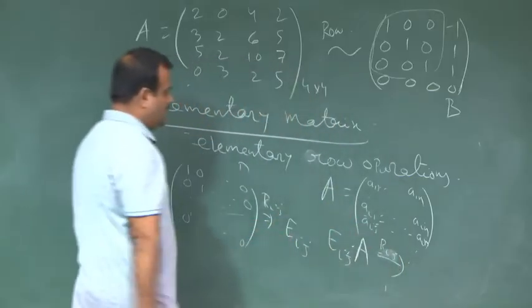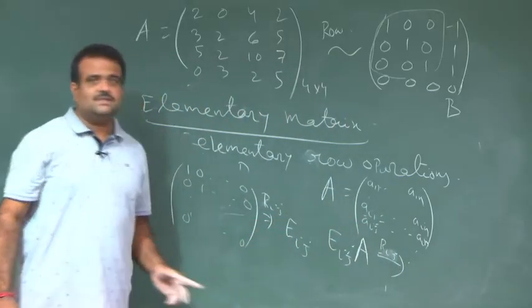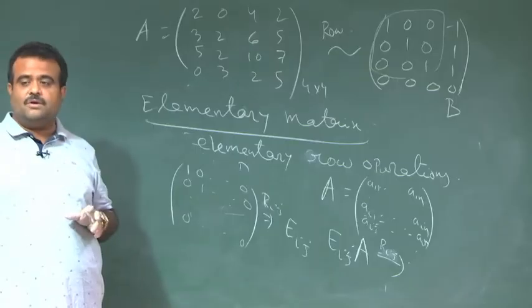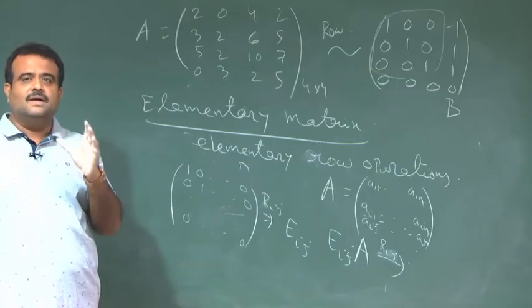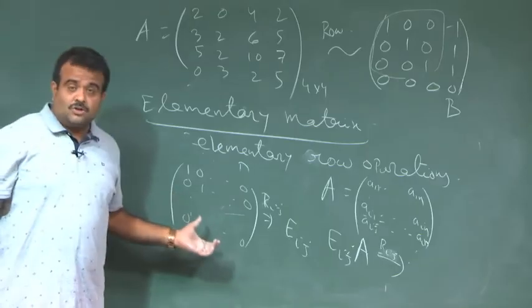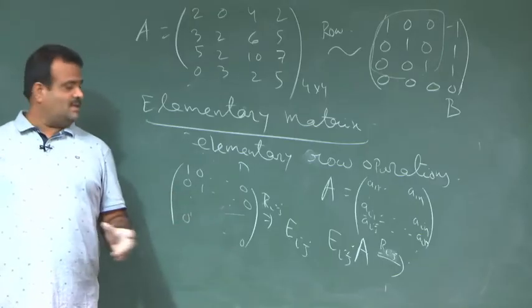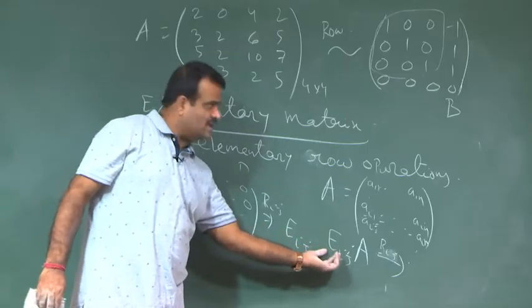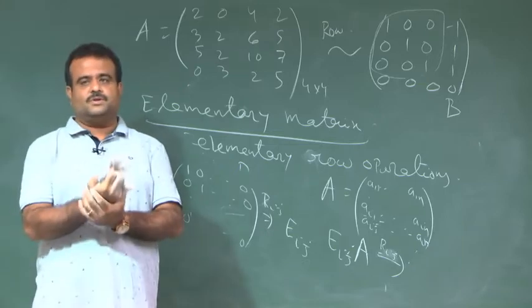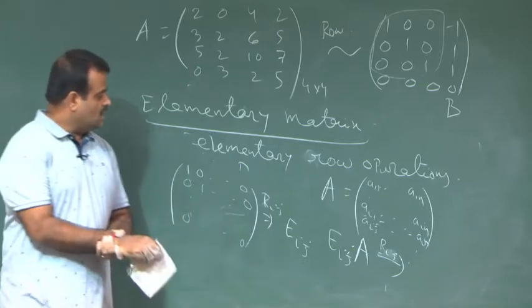We can easily verify this. Instead of doing the elementary row operation directly, we apply it to the identity matrix and then multiply A by it on the left, and that gives us the corresponding elementary row operation.